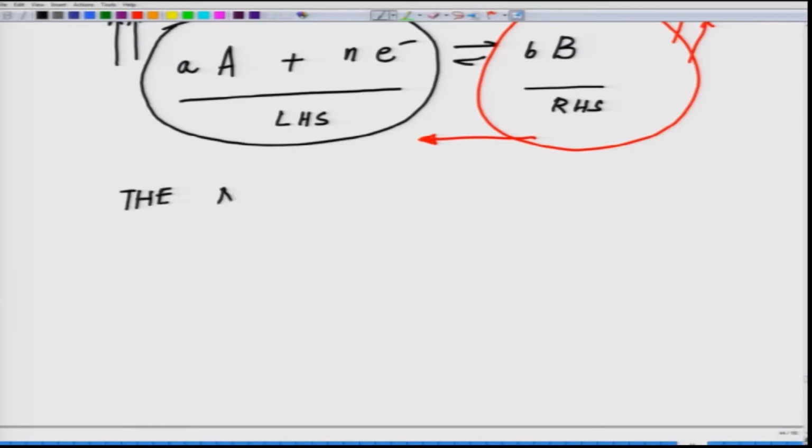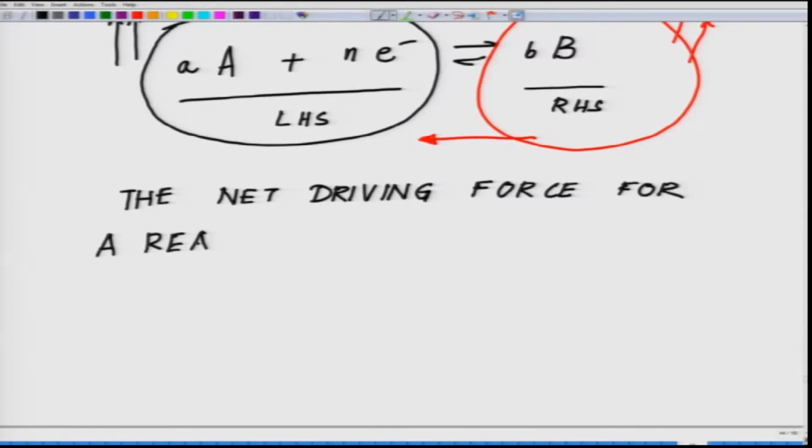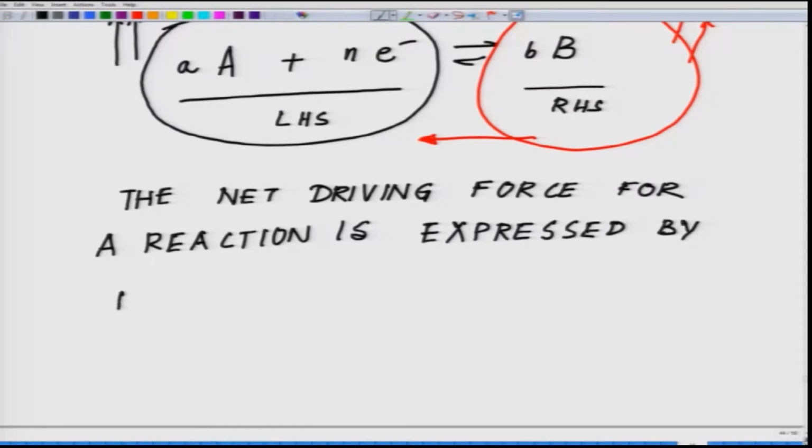The net driving force for a reaction is expressed by the Nernst equation, whose two terms include the following.